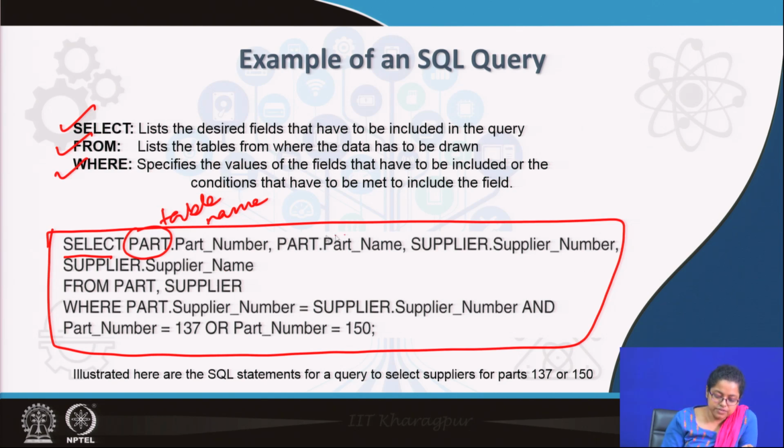All of these attributes come from the from clause, the second clause, the part table and the supplier table, and thirdly the where clause where we actually do the matching, we call it the lookup or the mapping, right. So, where part dot supplier number would match with supplier dot supplier number, right. Only where this matching happens, and where part number is 137 or 150.